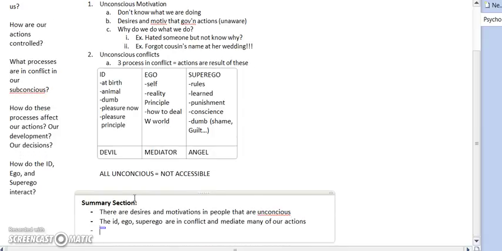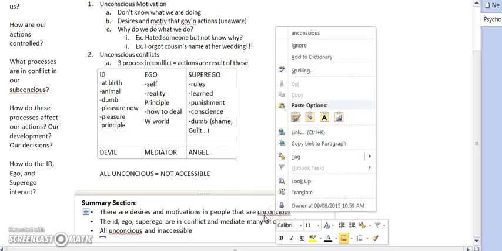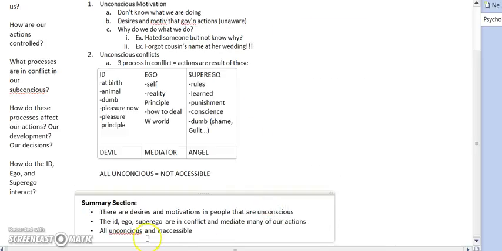And finally, it's all unconscious and inaccessible.